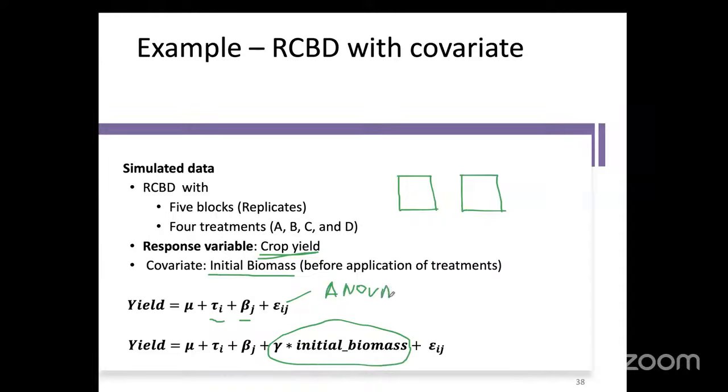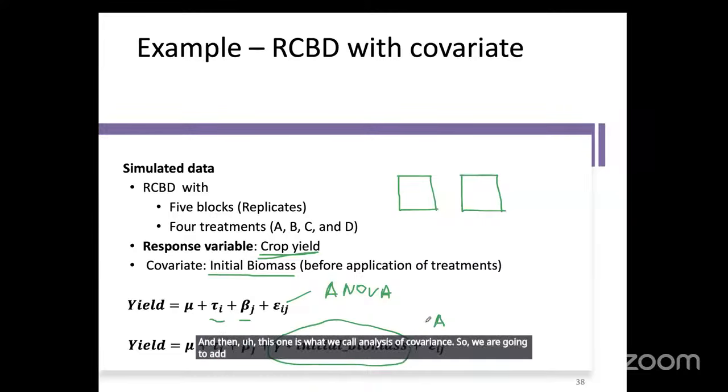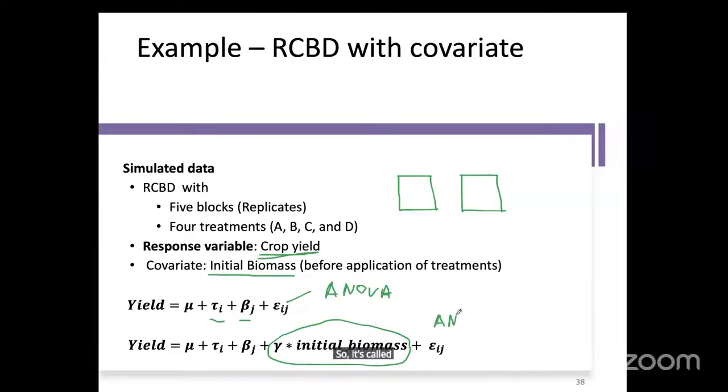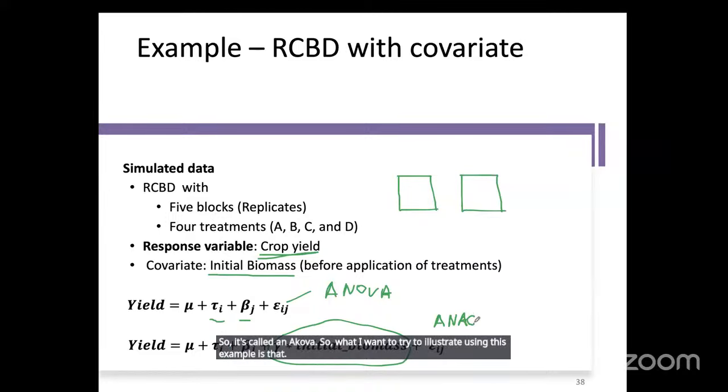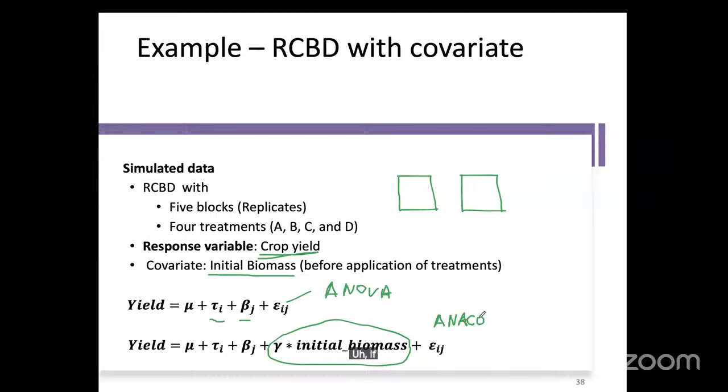And this one is what we call analysis of covariance. So we are going to add a covariate into our model.